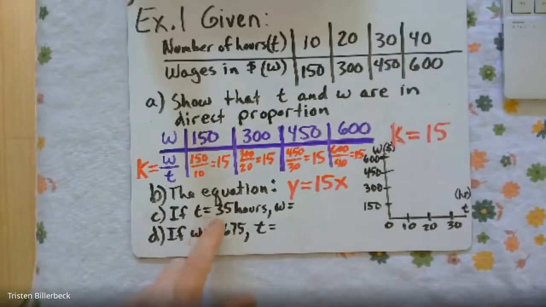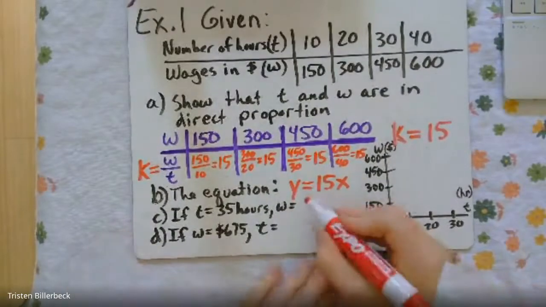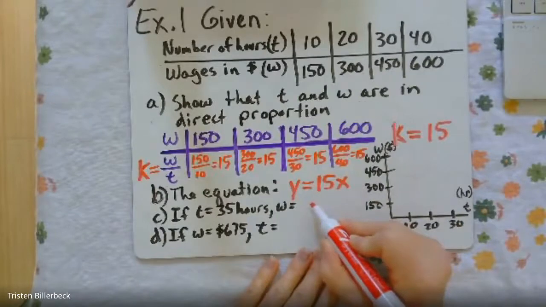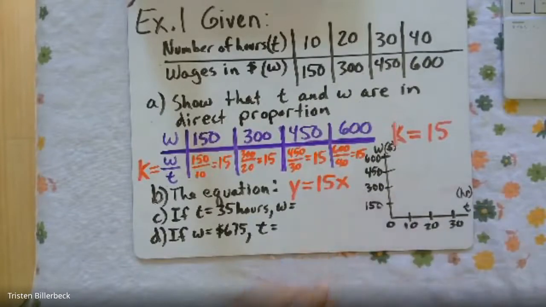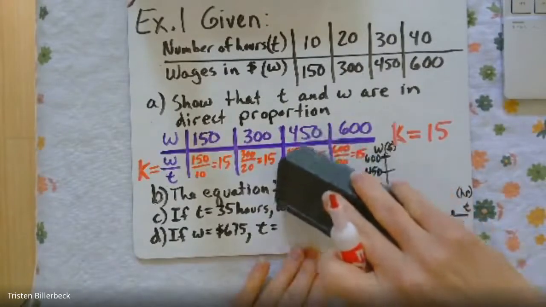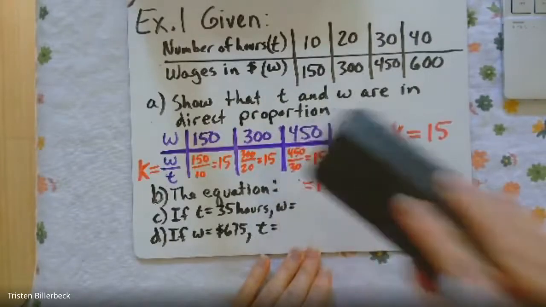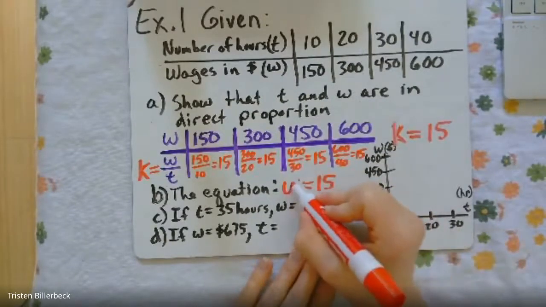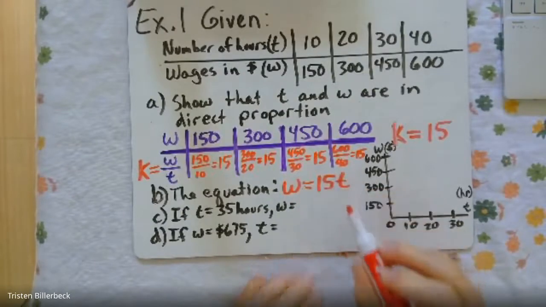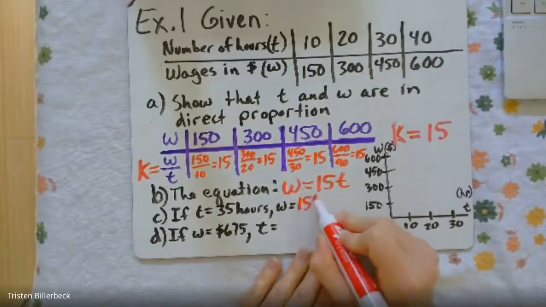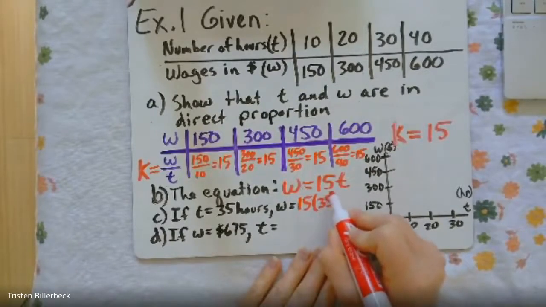If we work 35 hours, let's see what that would be. Sorry, we're using W and T, and I switched it back. So if my time is 35 hours, my W is 15 times 35.